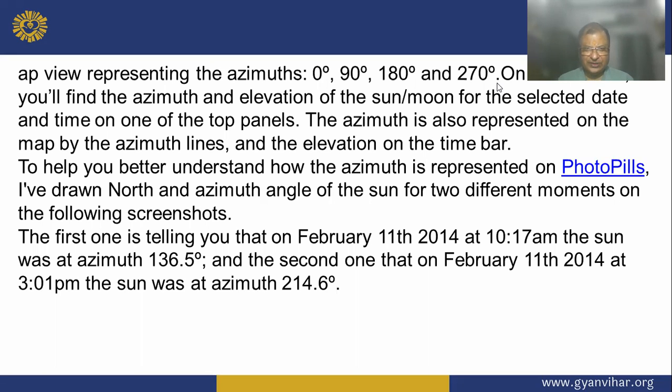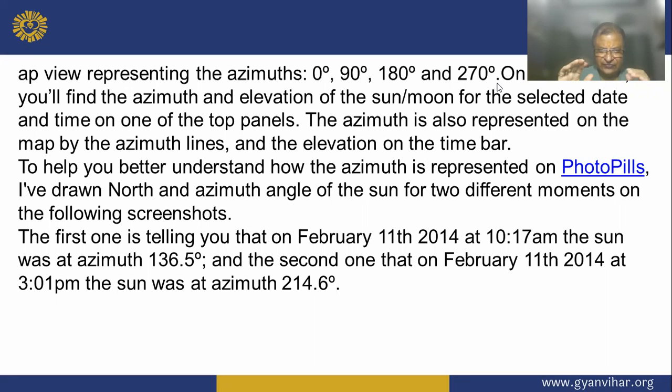To help you better understand how the azimuth is represented on PhotoPills, I have drawn north and the azimuth along the sun at two different moments in the following screenshot.